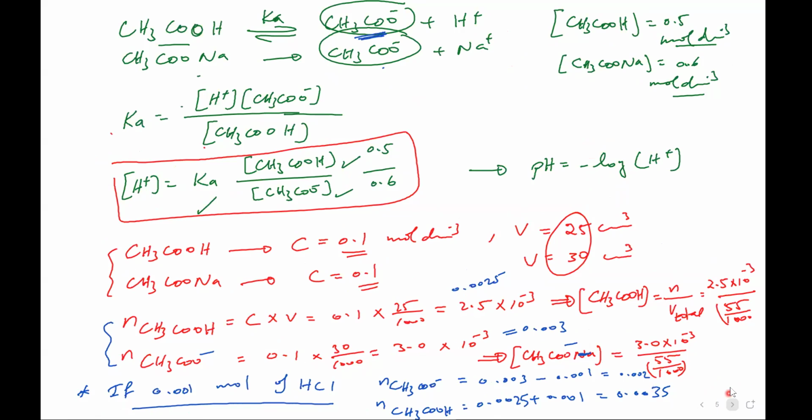Understand this part? But if the same amount of HCl is added to water, they usually say 0.01 moles per decimeter cube of hydrochloric acid. We know that HCl is a strong acid, so the pH is equal to minus log 0.01, which is 2.